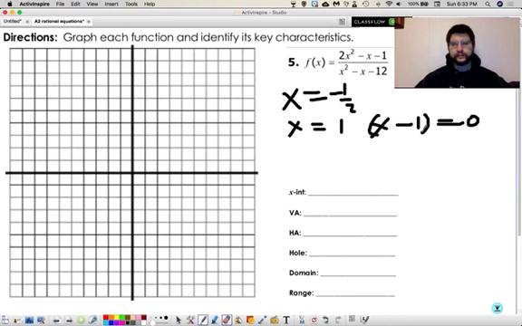That's one factor. For this one, we have to multiply both sides by our denominator first because we don't do fractions. No fractions are allowed. Multiply both sides by 2 first. Let me just get this out of the way.